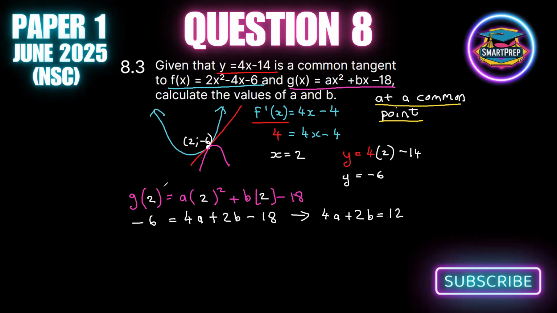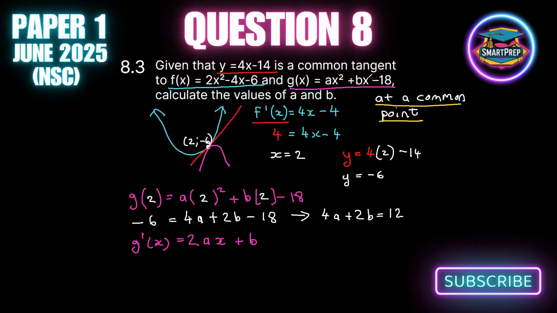Okay, now we know that g dash of x is equal to 4, don't we? Because they've got the same slope, because it's the same tangent. So let's get g dash of x. So g dash of x is equal to 2 times a is 2ax, plus b, because the negative 18 falls away.